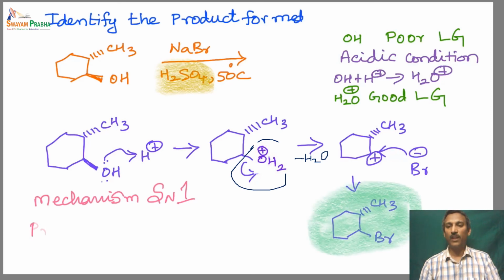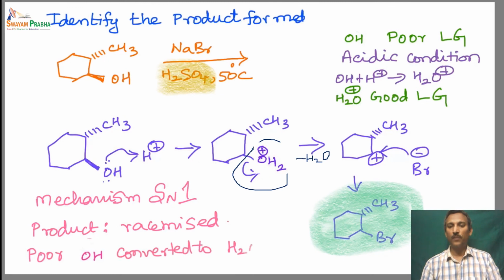Now this can be attacked by the bromide ion, so we end up with this particular product. Even though we had a hydroxyl pointing upwards, in the final product we have a bromide.